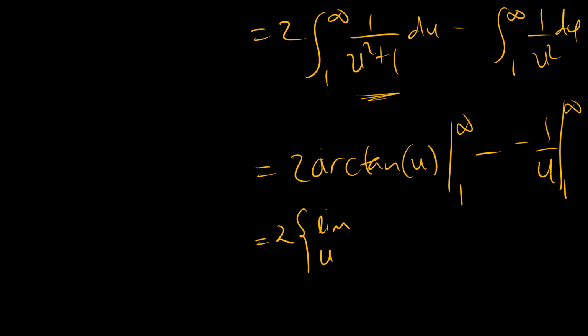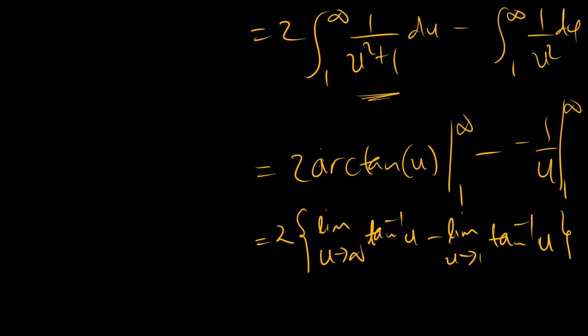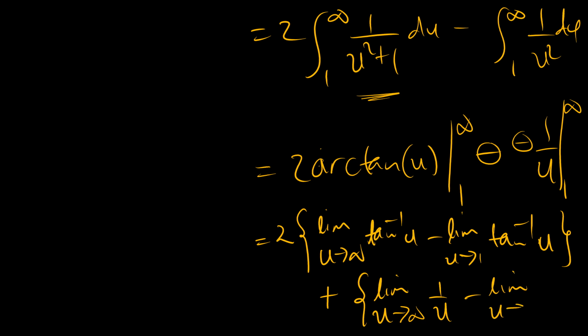Limit as u tends to infinity of the arctangent of u minus limit as u tends to 1 of the arctangent of u. This minus and minus becomes a plus, so we have limit as u tends to infinity of 1 over u minus limit as u tends to 1 of 1 over u.